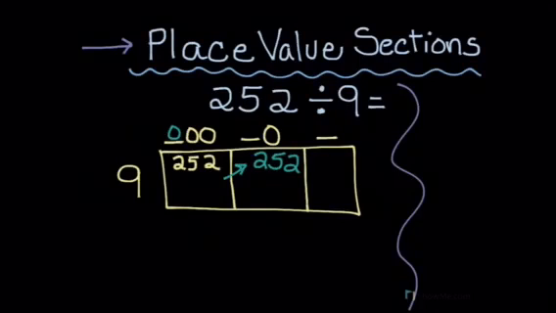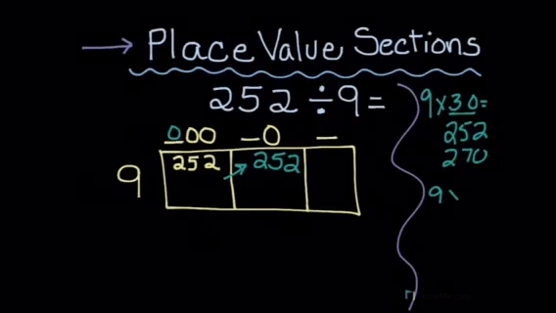And I'm going to think 9 times how many tens will get me close to 252. Well, 9 times 10 would be 90, so that's not going to work. 9 times 20, 180, that's not going to work. 9 times 30, okay, that would be 270.